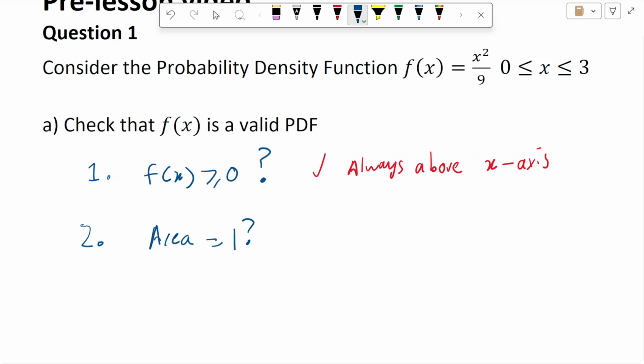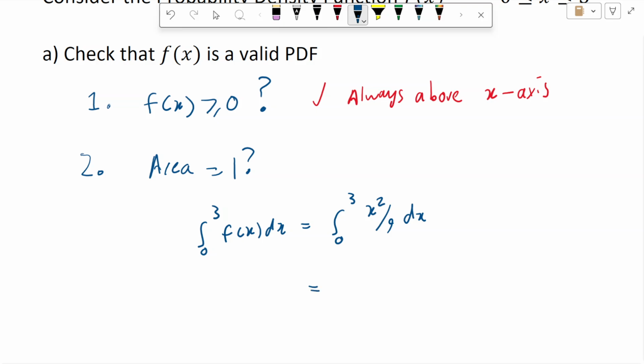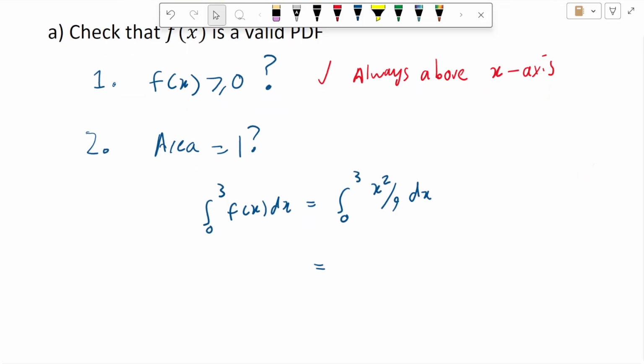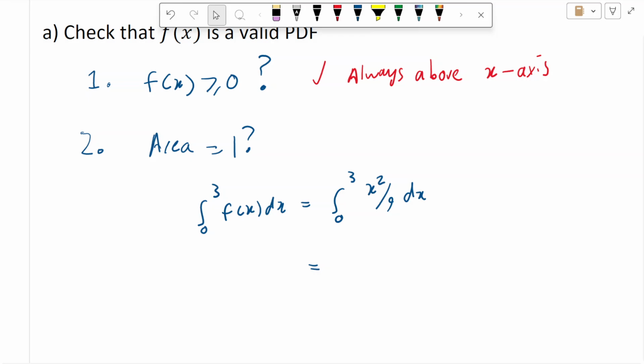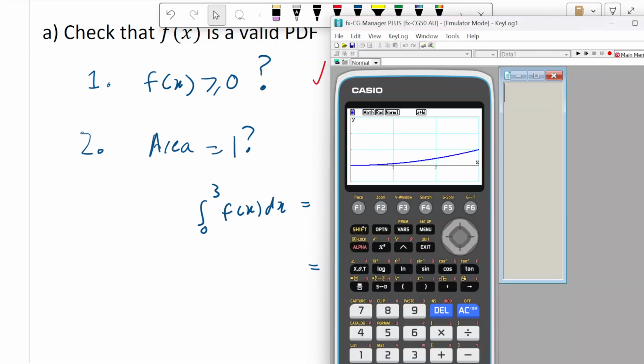So what we're after is that the integral from 0 to 3 of f of x, which I'll just put in what that function is, x squared over 9, should give me 1. Now, you can do this by hand. If it's a show that question, I would really encourage you to do it by hand to show your working. I'm just going to do the integral on the calculator, so you're not sitting here watching me do definite integrals.